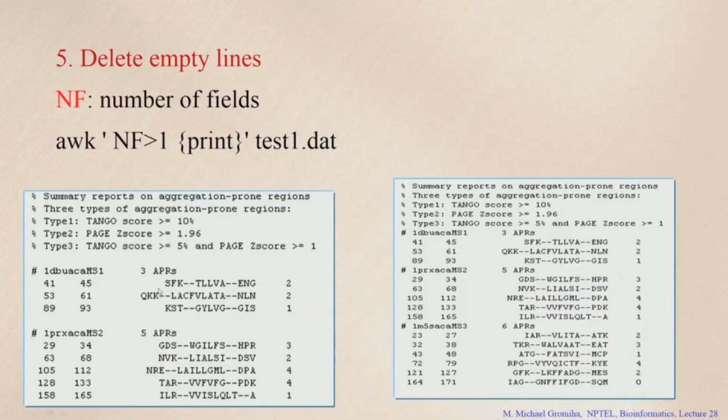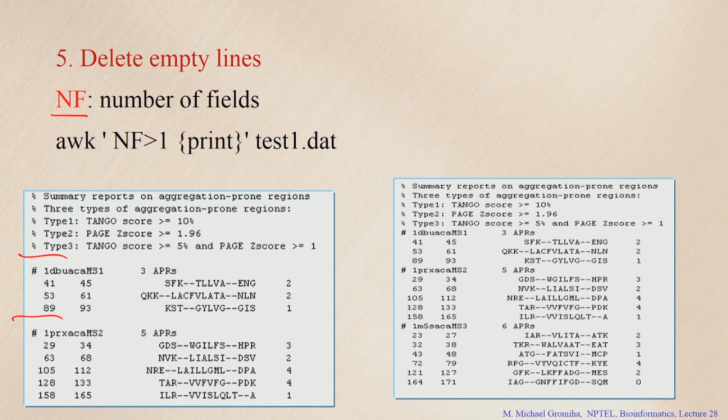Now, here is a question. If there are several empty lines in the data, how do we eliminate them? I need the file without empty lines. Here we use NF, the number of fields, meaning the number of columns.